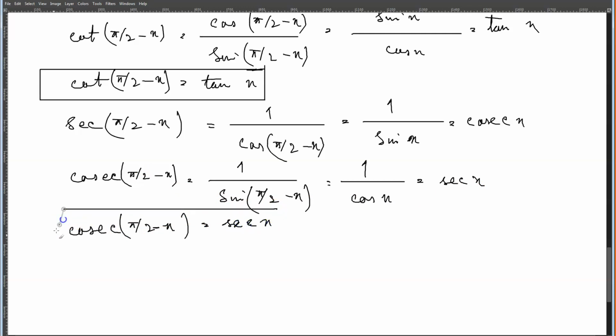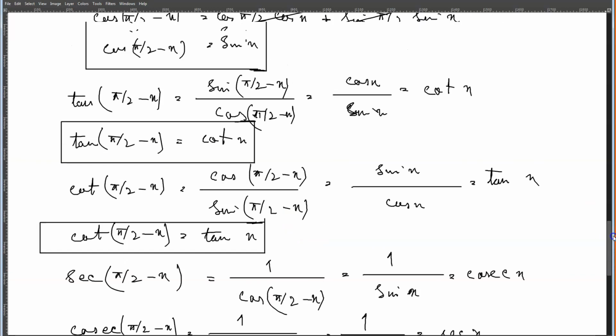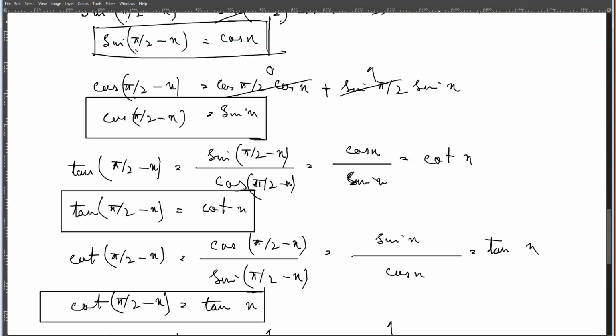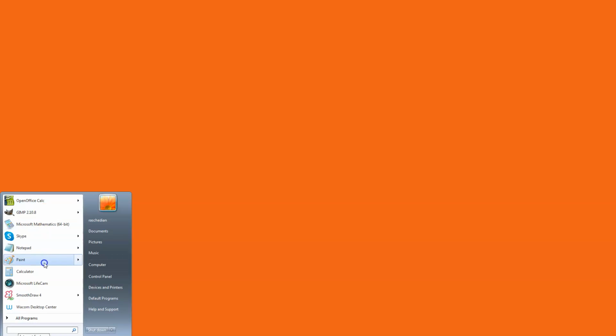Now if I were to put all of these together, we said that sine of pi by 2 minus x is equal to cos x.